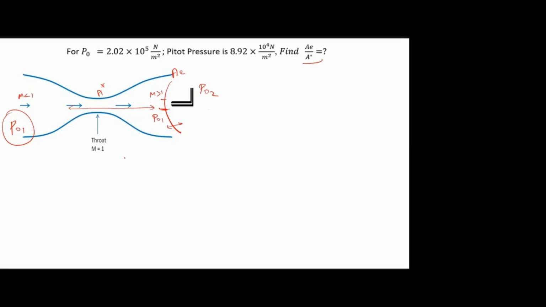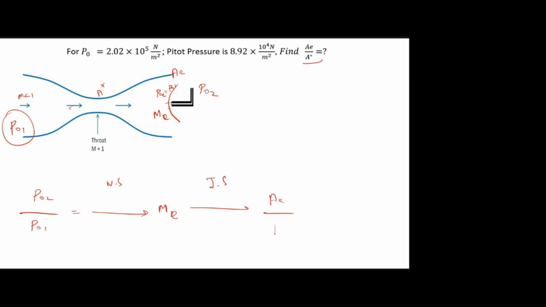So what they have given is P naught 2 and P naught 1. I can find the ratio of it, then put it in the normal shock table. So we can find M1. That is here it is ME, right? Yes, sir. So once you know the ME, now you can go to the isentropic table.